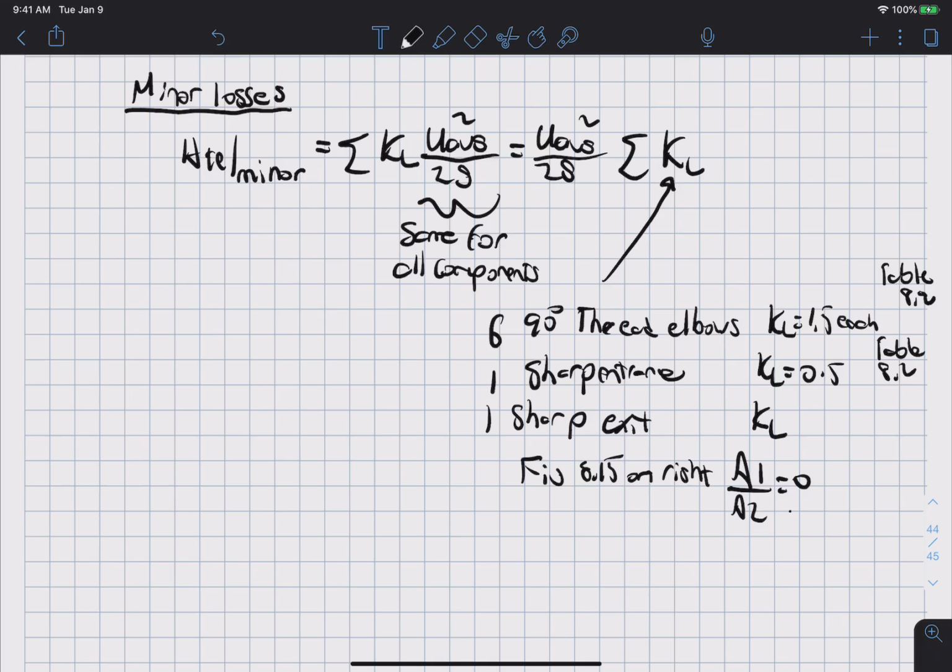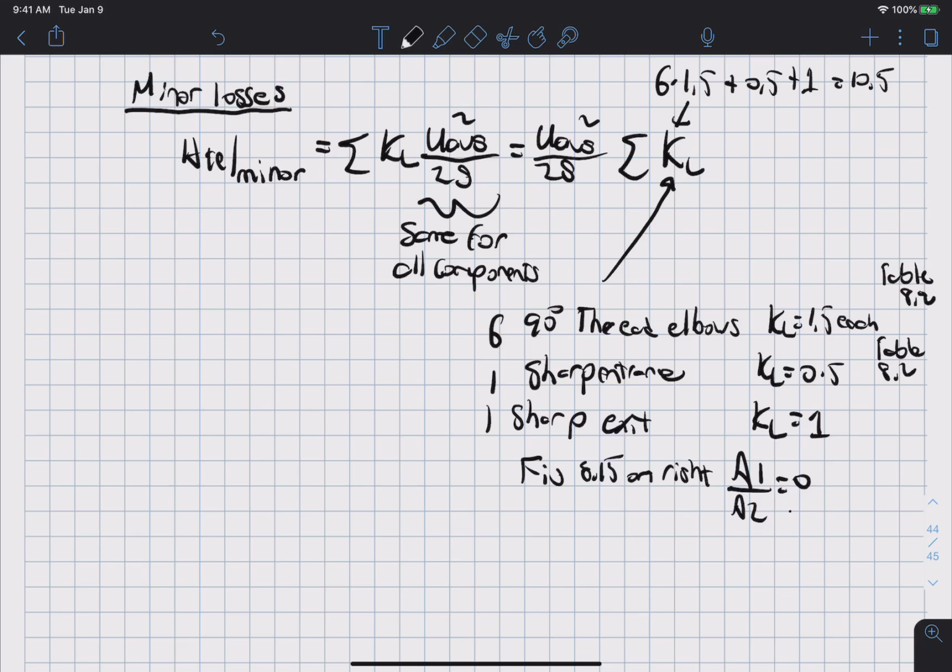And so that will tell you what to use for that K_L, which was 1. Okay? So this equals 6 times 1.5 plus the sharp entrance, which is 0.5, plus the sharp exit, which is 1. And so if you punch in the numbers, this equals 10.5.